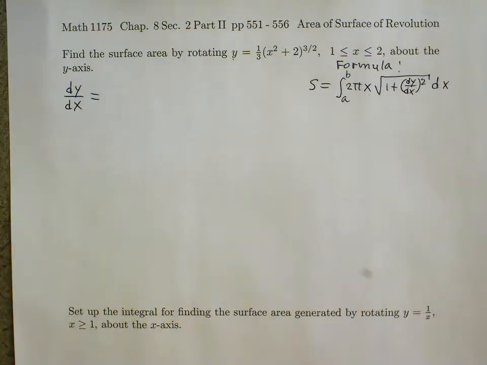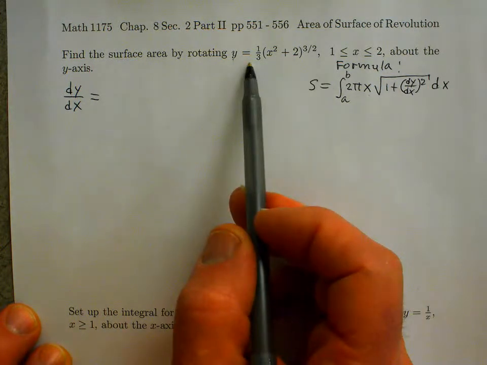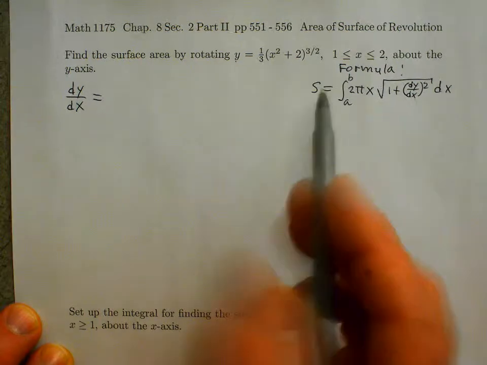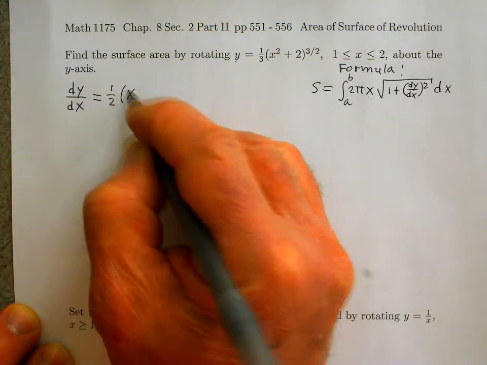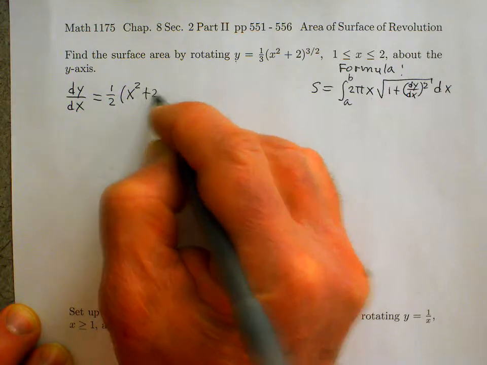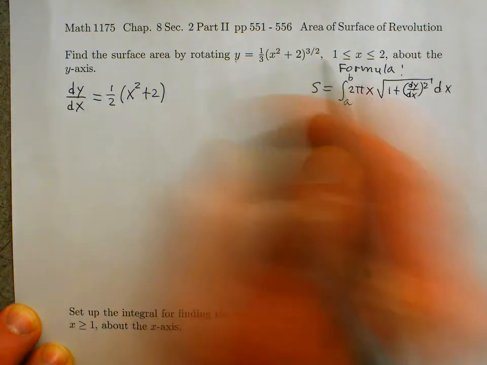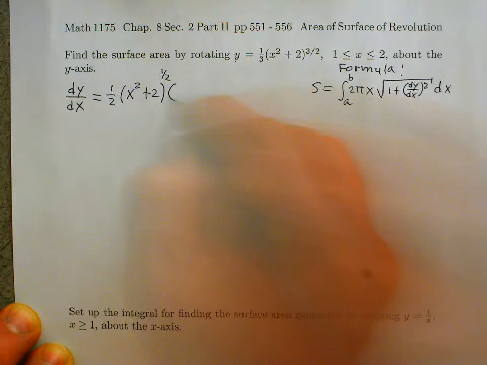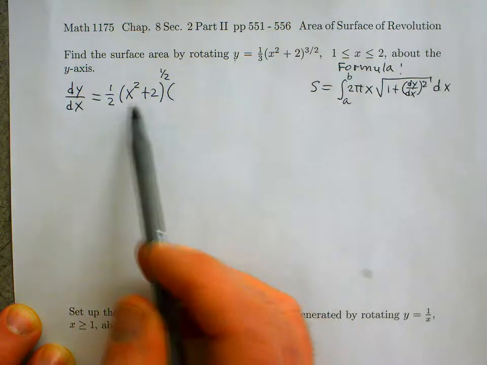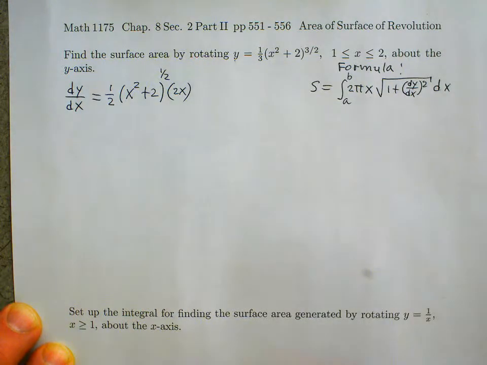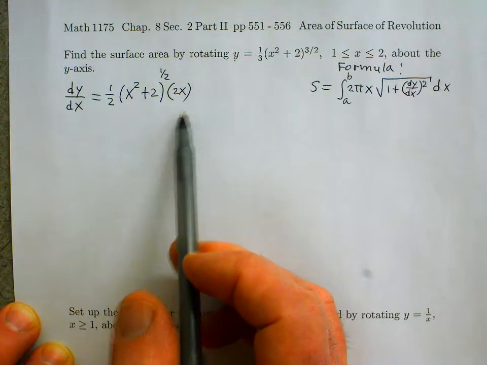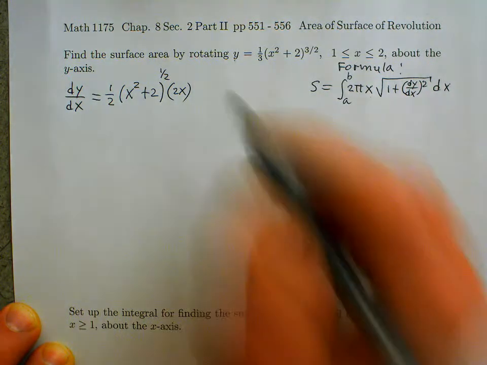The derivative of 1/3 times the quantity x squared plus 2 to the 3/2 with respect to x. So we have 1/3 times 3/2, which simplifies to 1/2, and then times x squared plus 2 to the 3/2 minus 1, which is the 1/2. And then the derivative of the inside function is 2x. We're just applying the chain rule. And 1/2 times 2x is just x.